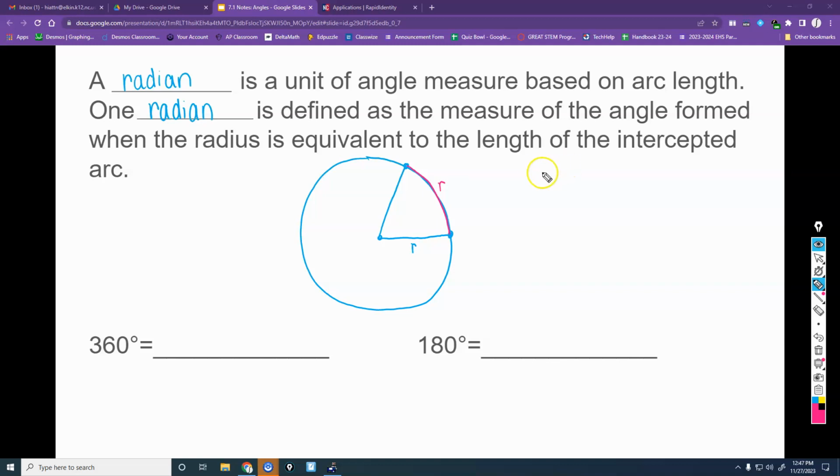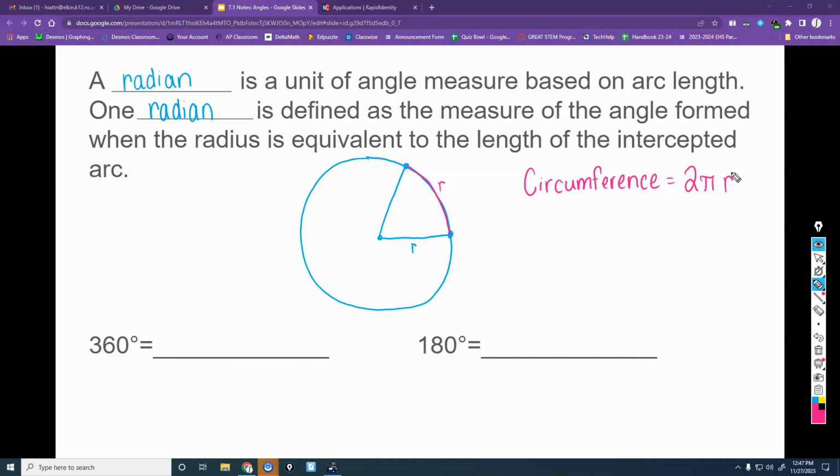What is our formula for circumference? 2 pi times the radius.